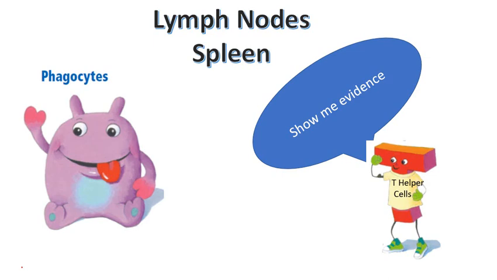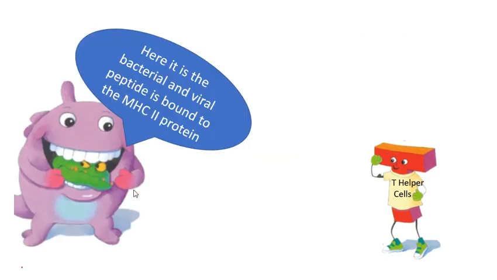If the MHC class 2 protein is attached to some kind of pathogen, then they will respond. So the macrophages will show the evidence. In this case, they take a piece of bacterial peptide and say, hey, you see this bacterial peptide? That bacterial or viral peptide is the peptide of the pathogen that infected us.